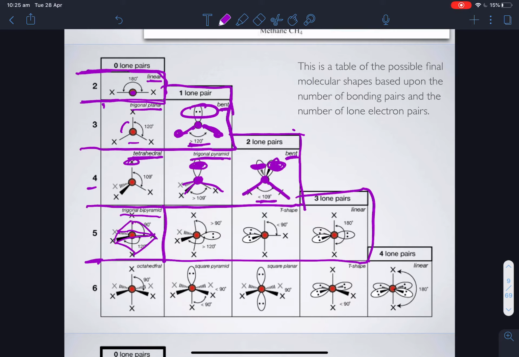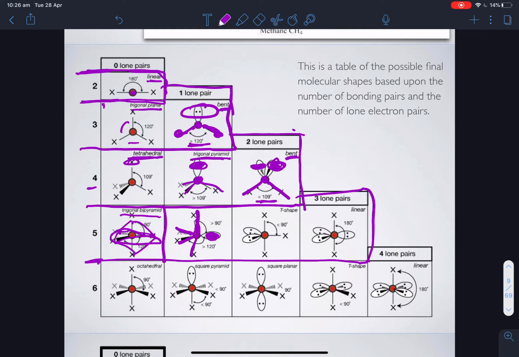So, up and down are 90 degrees away from each other, but around this central part, they're 120 degrees, like the trigonal planar earlier. When we have 1 lone pair in there, we get what's sometimes called a seesaw shape. We just see this up and down and one side, but not this top part here. And it's called a seesaw usually.